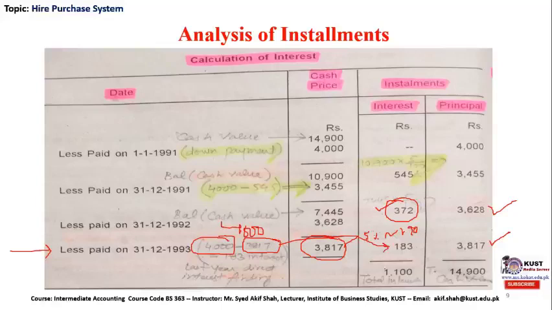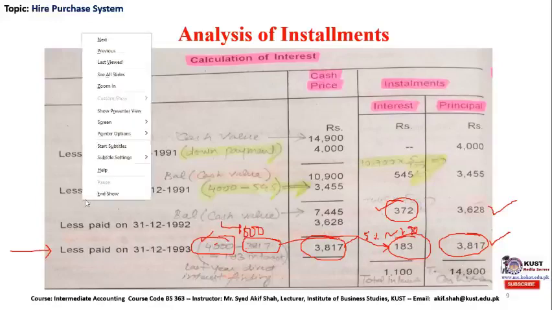This is because of a slight rounding of data and taking approximate values in the interest. So for the last year's calculation, the direct method is to subtract the remaining cash value from the installment value if the outstanding cash value is less than the installment price, which is 4,000.